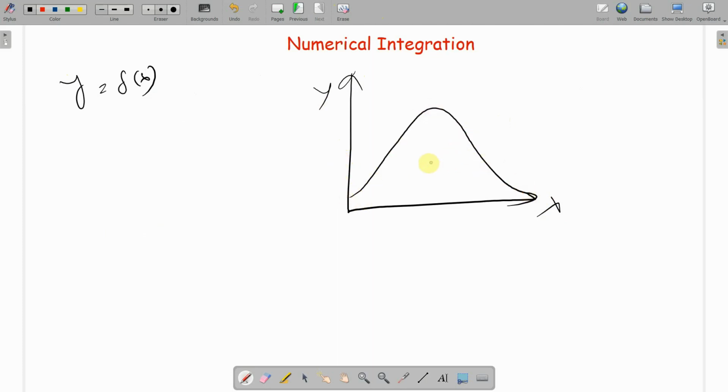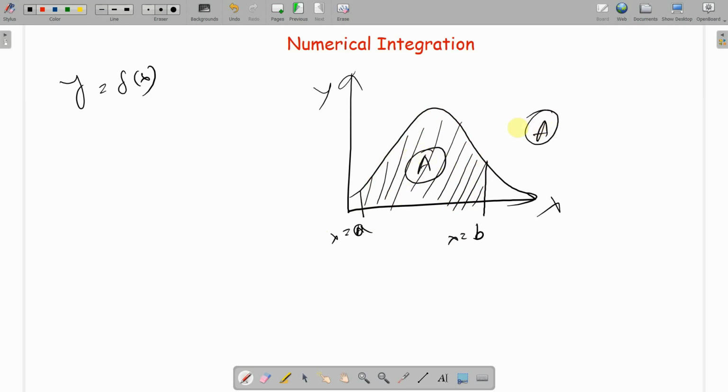Now if I ask you to calculate this area, between x equals a and x equals b, and the area is A.